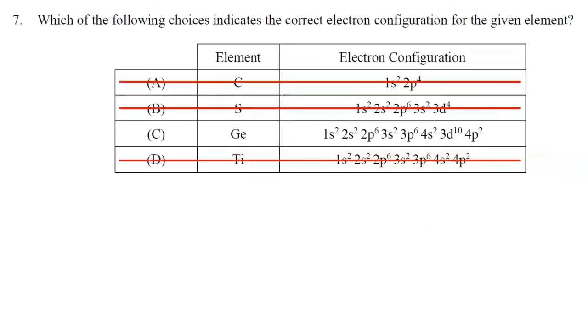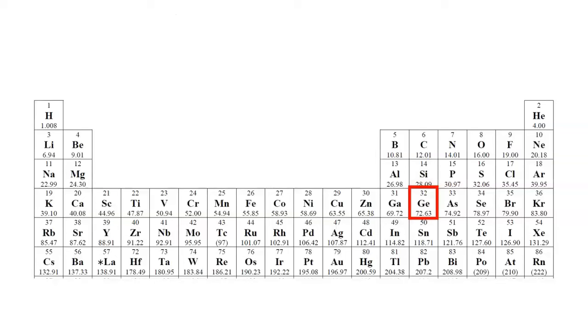So we can eliminate choice D, even though we know that the correct answer to question 7 is actually choice C.